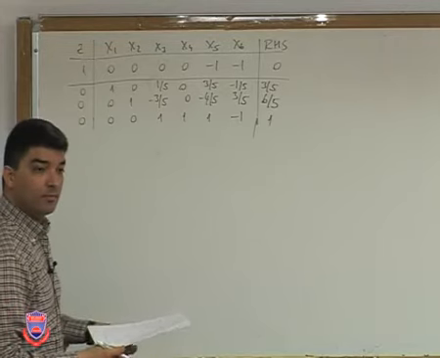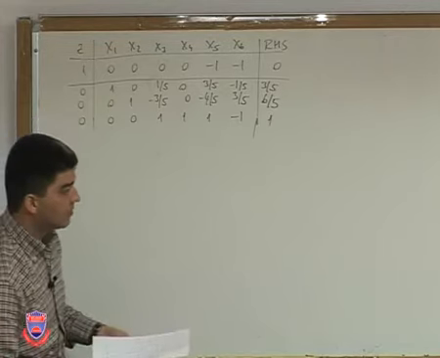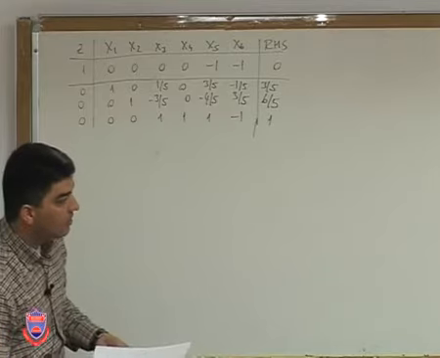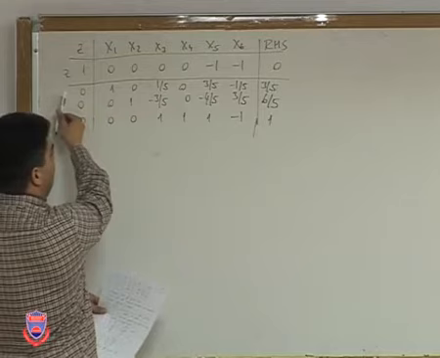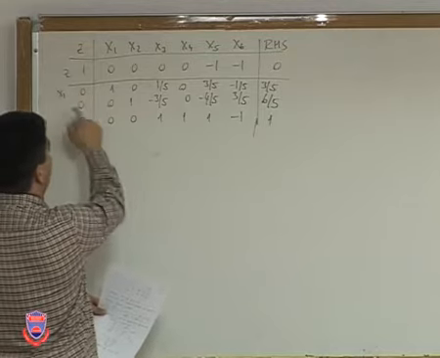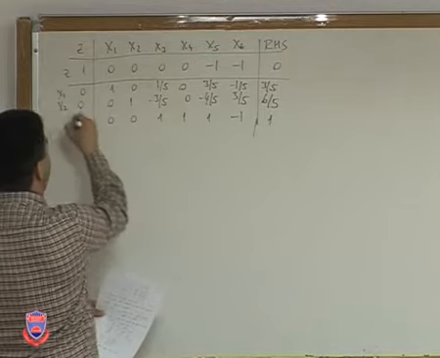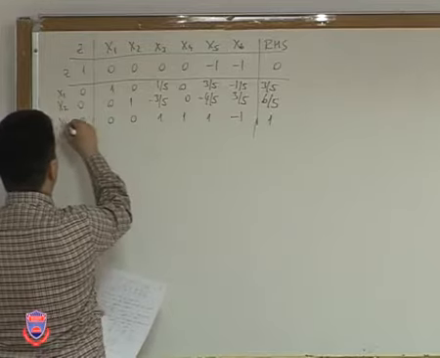All right, so what are the basic variables? What's the basic variable for row 1? I have x1, row 2, x2, exactly, and row 3 is x4.